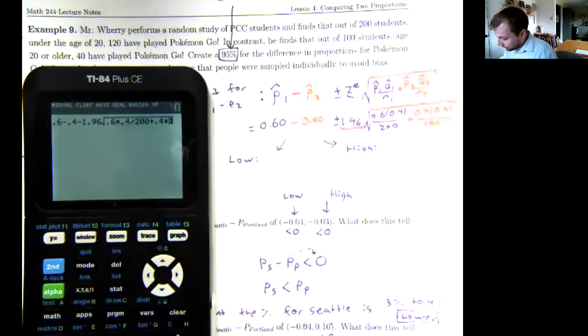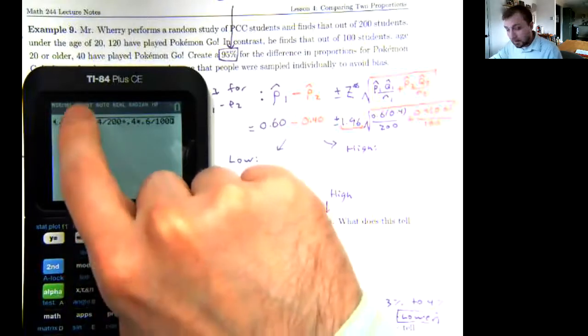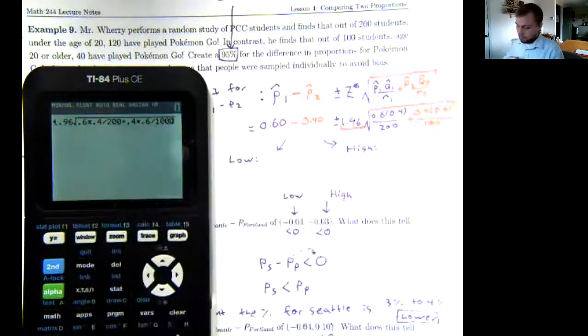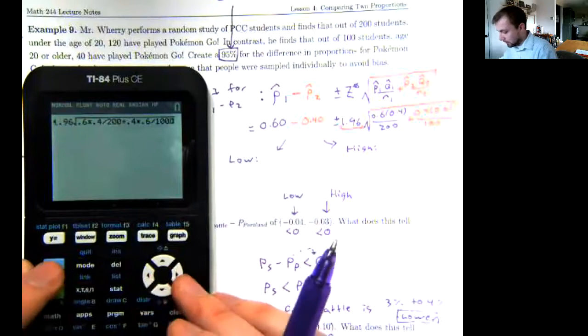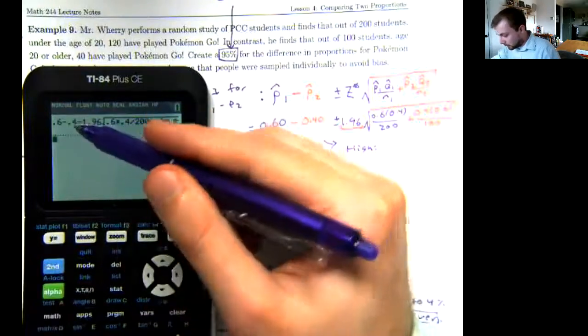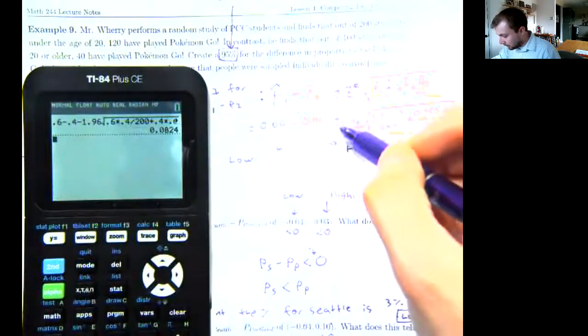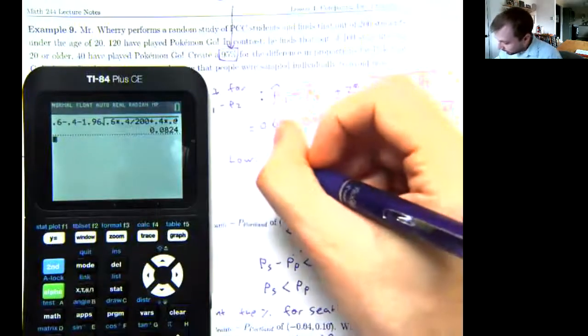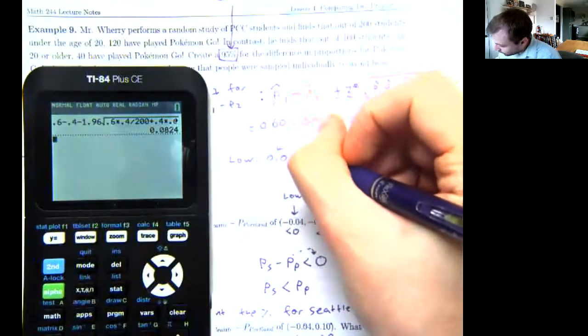On my TI-84, it keeps everything underneath the square root for me, so I didn't even need to type in those parentheses. But there'd be one at the start and one at the end. I'm going to hit enter. I did this with the minus here, so my low value is 8.24%.